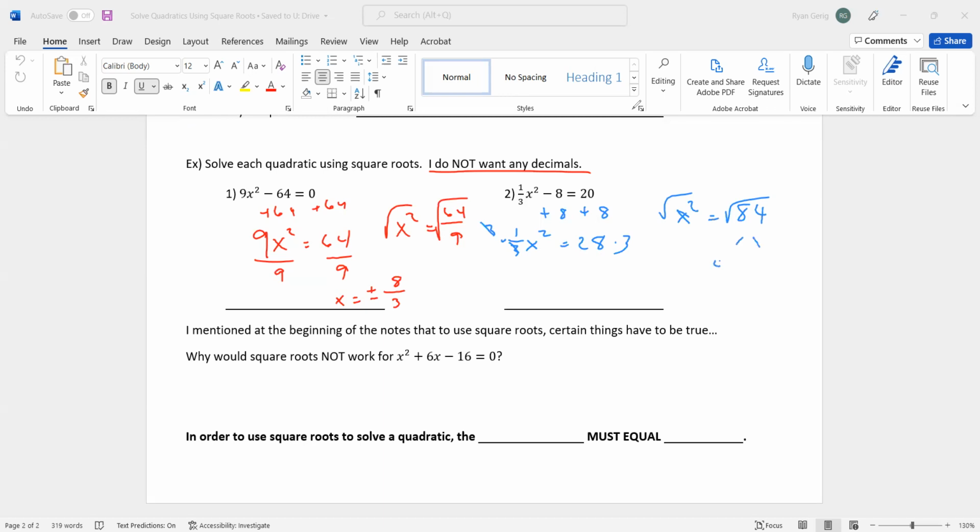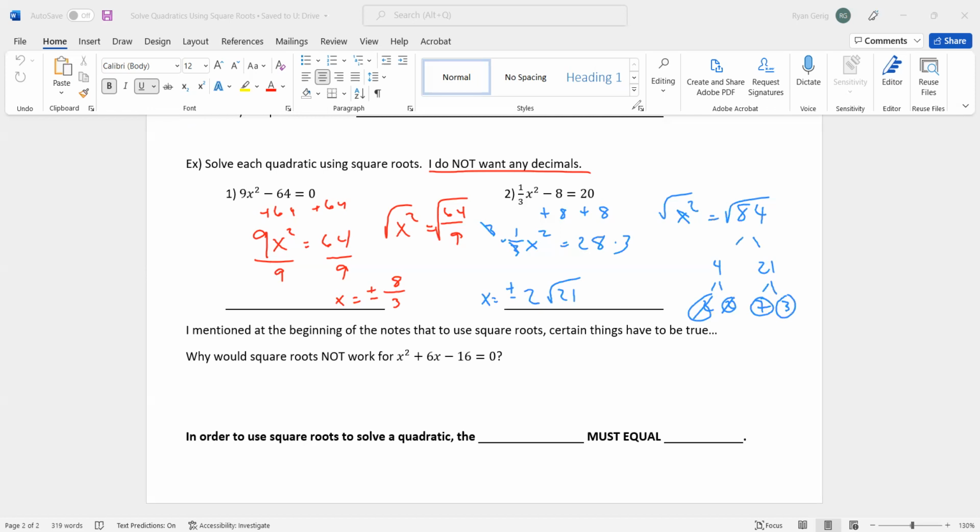Break this down. It's 4 and 21, 2 and 2, 7 and 3. I got 2 radical 21. Okay, that's how you'd write that, except it's not completely right because what did I forget? Plus or minus. x equals plus or minus 2 radical 21.